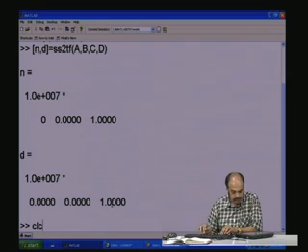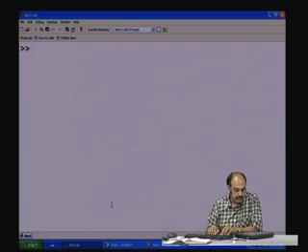So, let us use the TF function. I will define a system RLC equals TF, numerator and denominator polynomial.